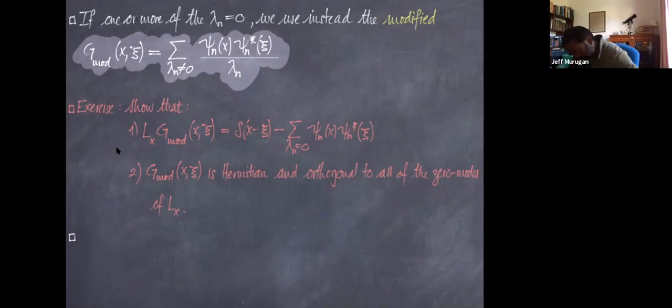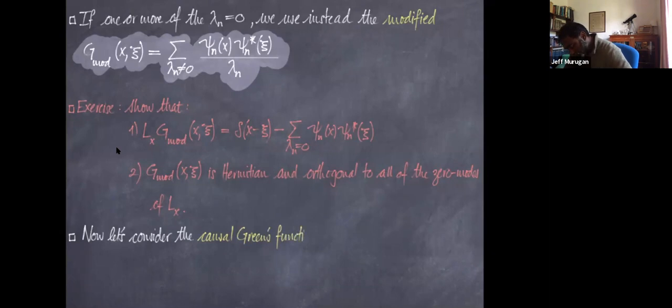So now let's consider the causal Green's function, which I'm going to call G, and G is going to be a function of t minus tau.